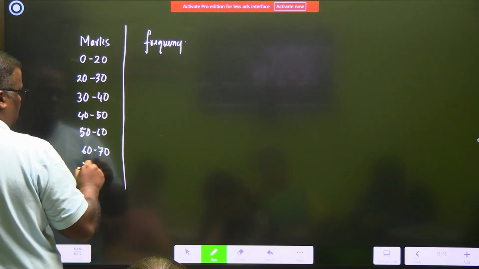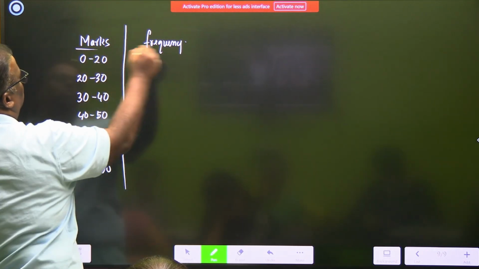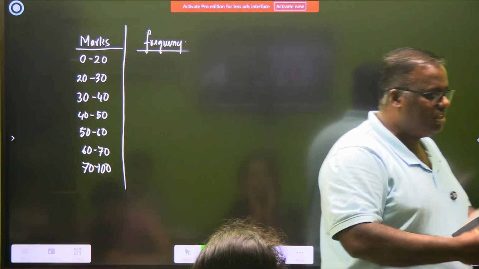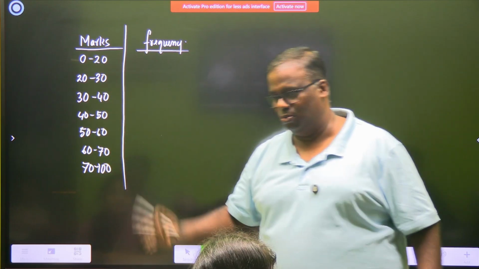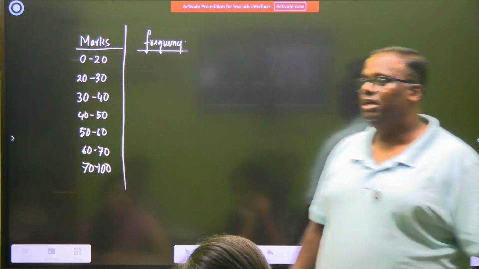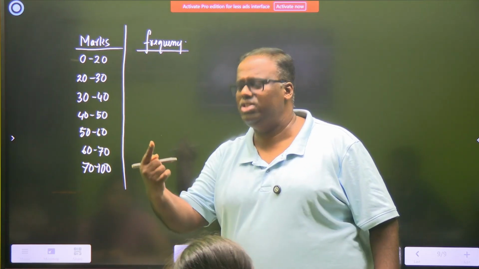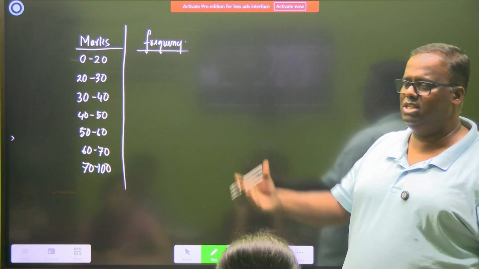And then 70 to 100. Now you might think these are the marks scored by students. You might think, sir, why did the teacher make my life miserable by doing this one? The reason might be that in 0 to 10 there was no children at all, or only one child, and 10 to 20 there was only one child. Makes more sense the way they club them.